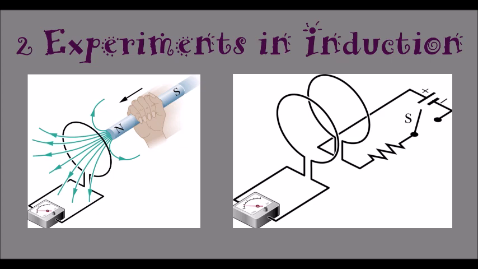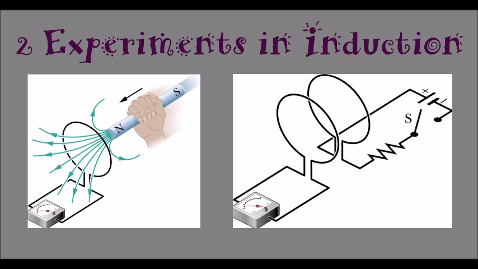Now, we've learned previously that current can create a magnetic field. So if I were to close this switch, the current would travel out of the battery and around this loop and back through the resistor and through the battery. Current traveling in a loop causes a magnetic field. So in this situation, I'd go from having no magnetic field with the switch being open to having a magnetic field with the switch being closed.